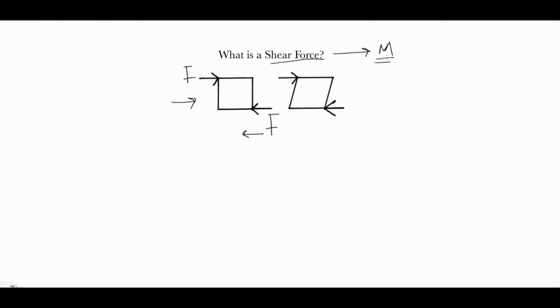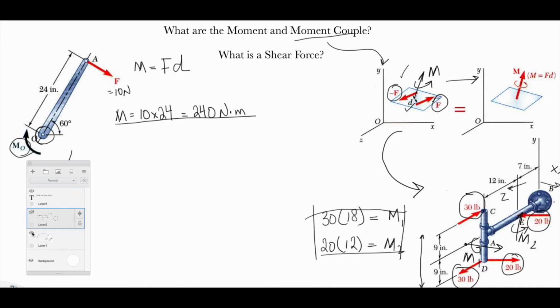So if we go back to the previous slide here, this force is a shear force because it causes a moment, F. And these forces are causing shear to the pipe here because they are perpendicular to the surface. That's why it is causing a moment.